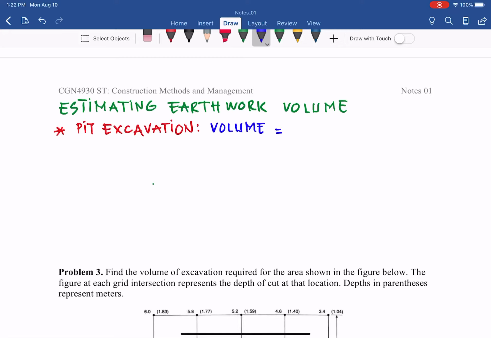It will be the horizontal area times the depth of the cut or the excavation, times the average depth.